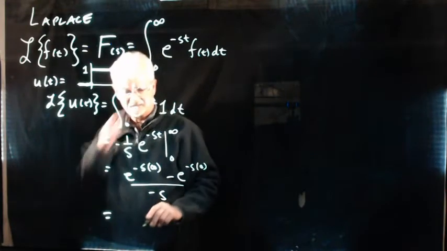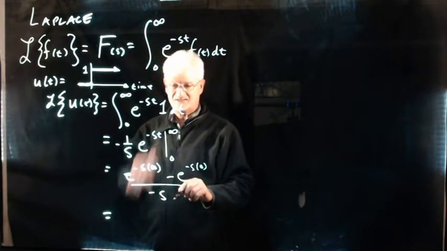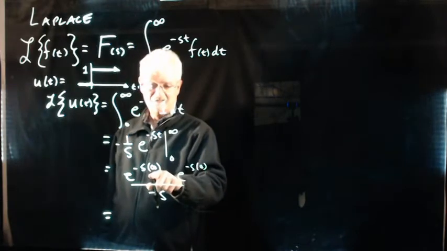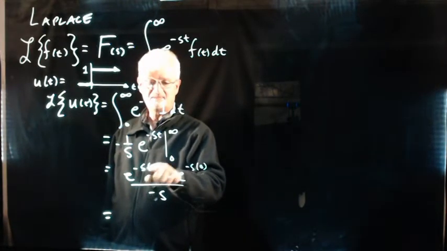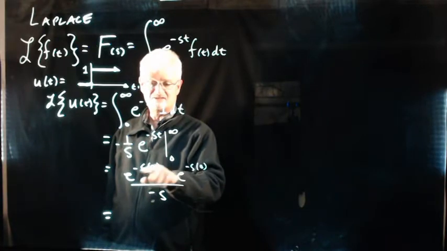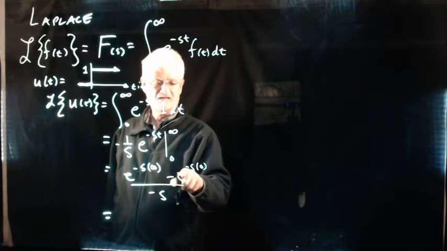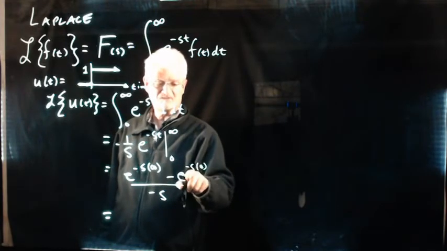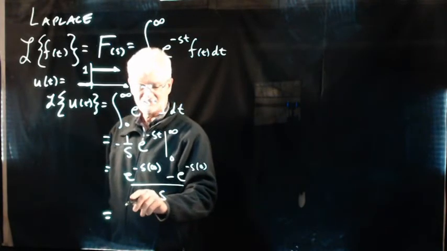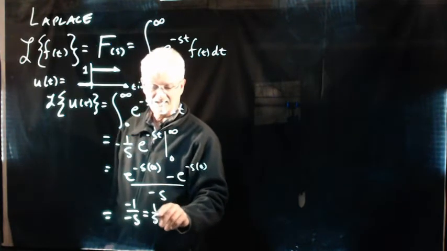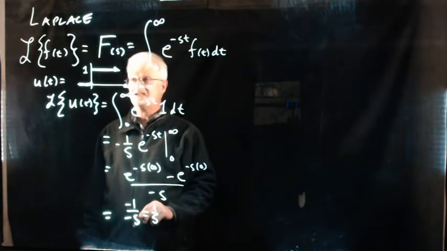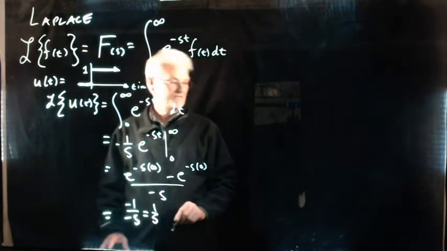And so what we're going to end up with is, let's see, what is e to the power minus infinity? E to the minus infinity, that's 0. And e to the power 0 is just 1. So this is going to be minus 1 over minus s, or 1 over s. And so that's the first element in our Laplace transform table.